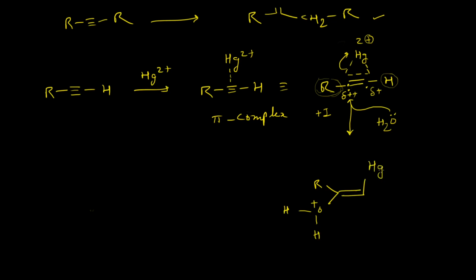Now the mercury will be reduced and the +2 oxidation state will become +1. And then this oxygen which is positively charged will be neutralized by leaving one H+, which will result in the formation of this particular intermediate.